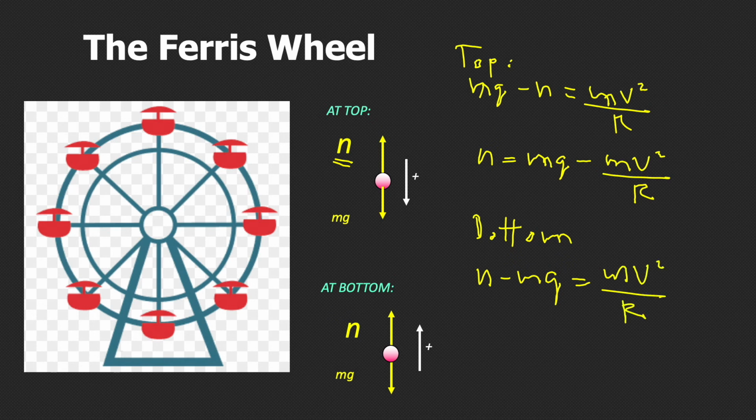That gives us N is equal to mv squared over r plus mg. This is how we calculate the normal force at the bottom and at the top of the Ferris wheel.